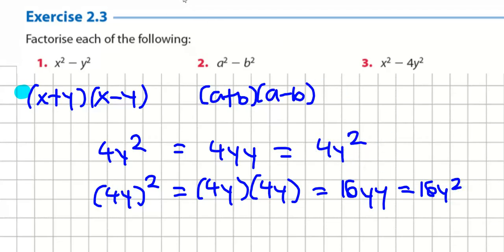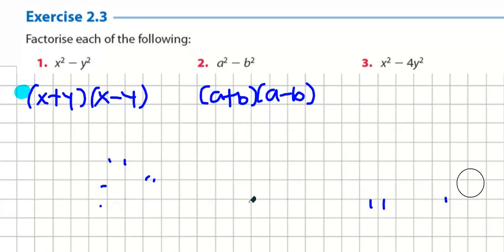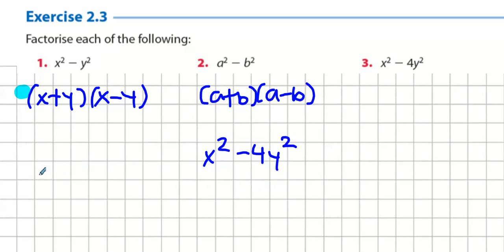Now, with the next question, I'm going to make a mistake, all right? And I want you to tell me what you think my mistake is. So, I'm going to try and do x squared minus 4y squared. Everybody see that? Now, it's very different than x squared minus (4y) squared.